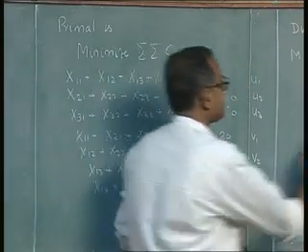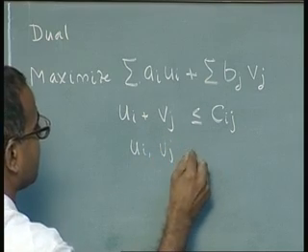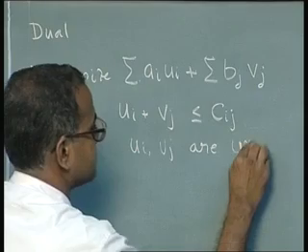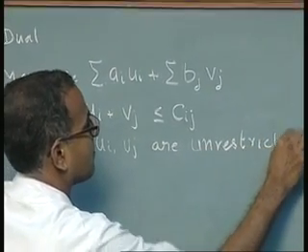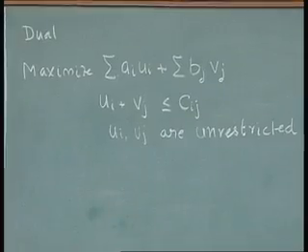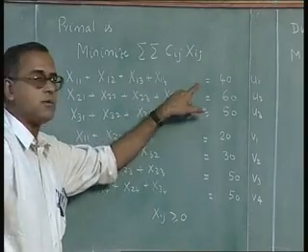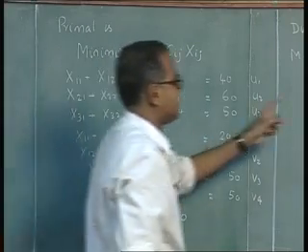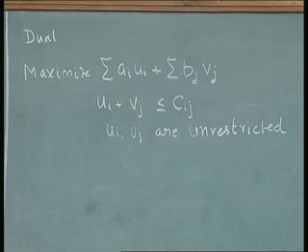Now these ui's and vj's are unrestricted because all the primal constraints are equations. We have already seen that corresponding to an equation, the dual variable will be unrestricted in sign. So ui's and vj's are unrestricted in sign. So this is the dual of the transportation problem.